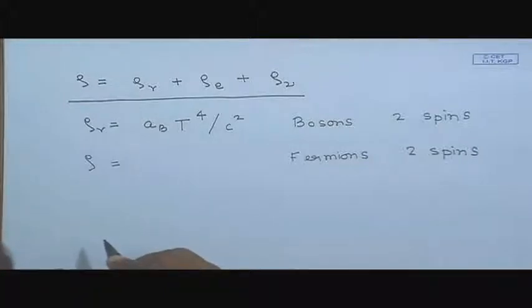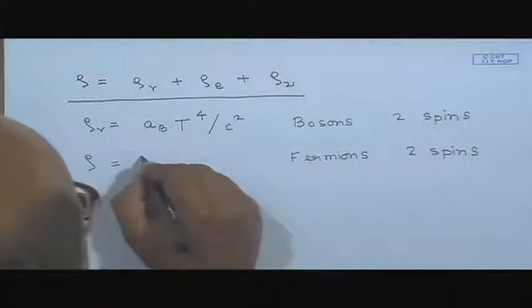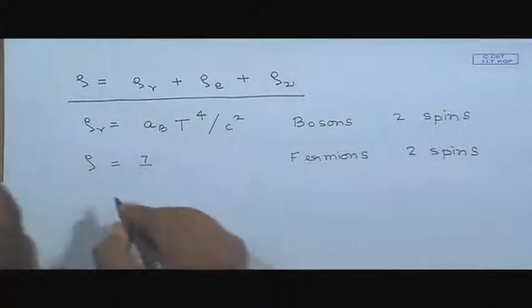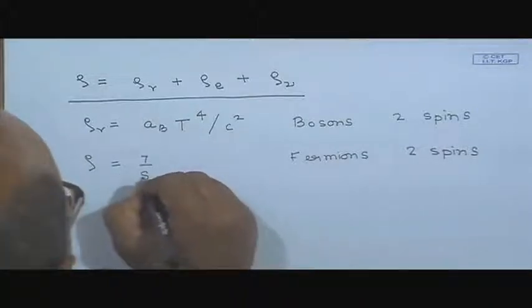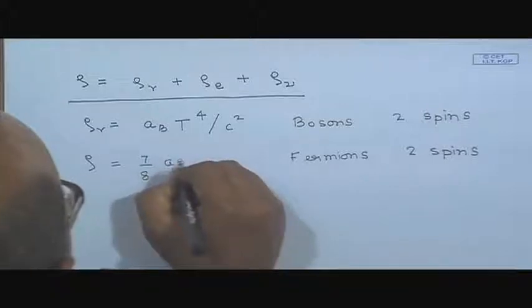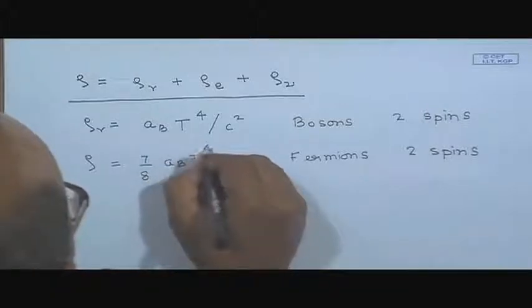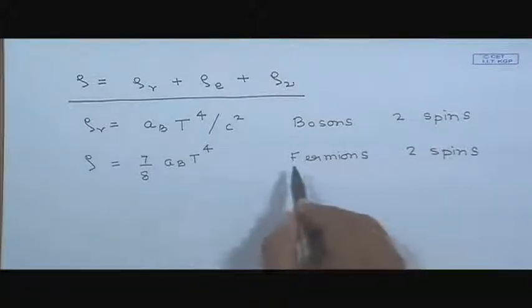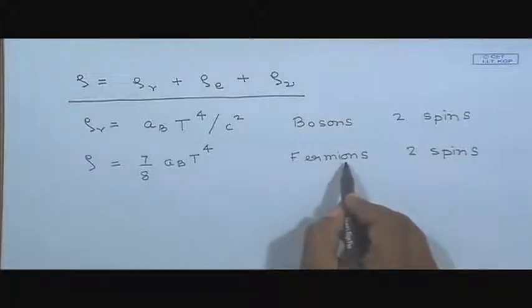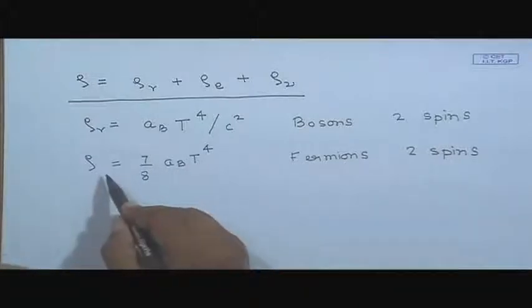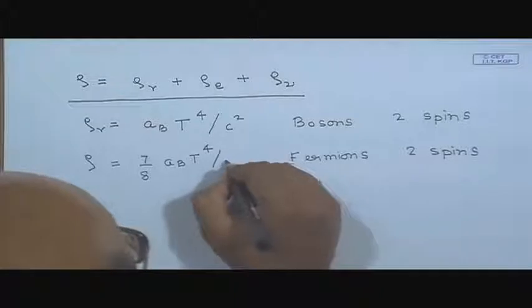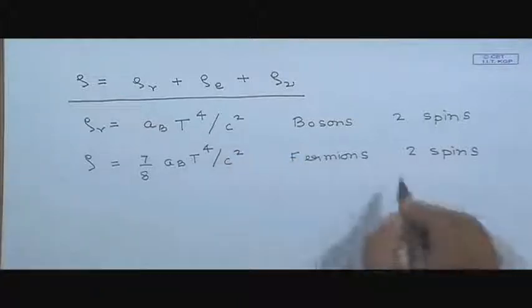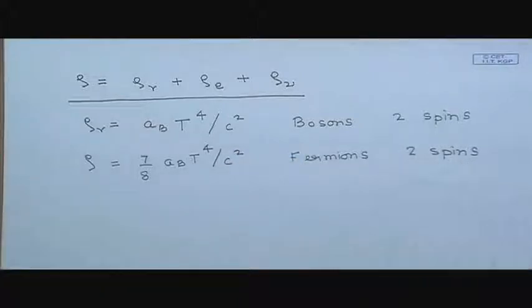The energy density is down by a factor of 7 by 8. So, this is the energy density of fermions in thermal equilibrium at a temperature T, assuming that the fermions have 2 different spins.